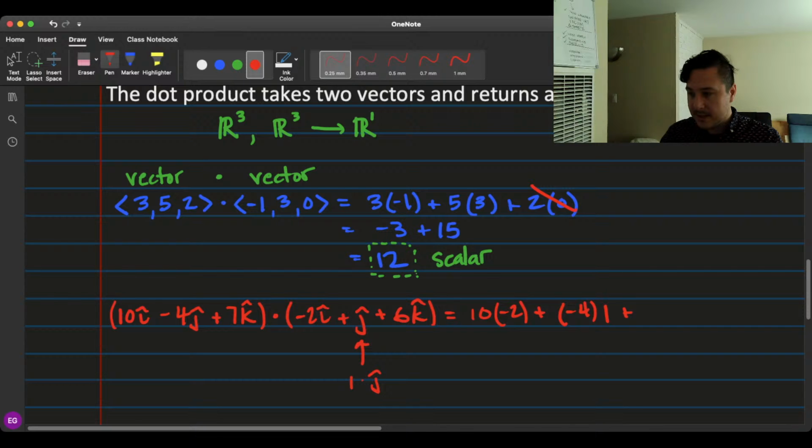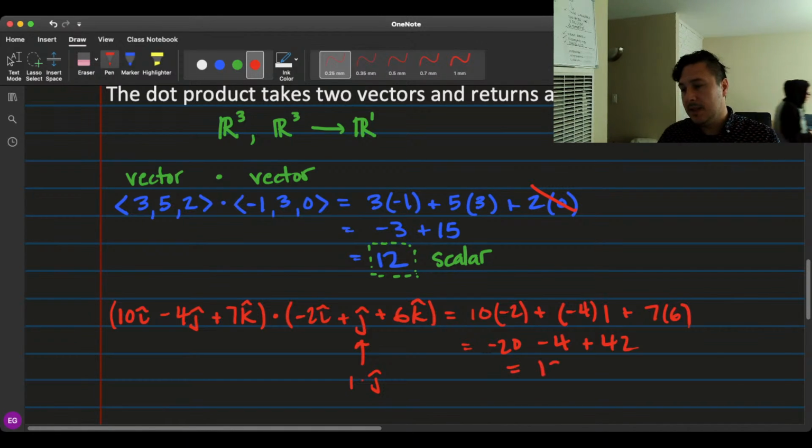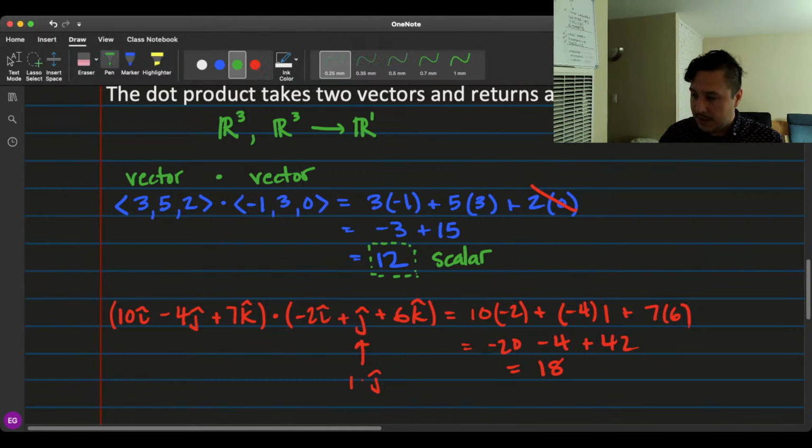And then plus 7 times 6. So you get negative 20 minus 4 plus 42. 42 minus 4 is 38. 38 minus 20 is 18. And like I said earlier, this is a scalar.